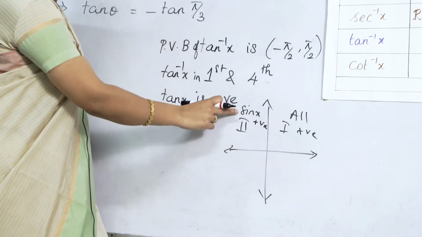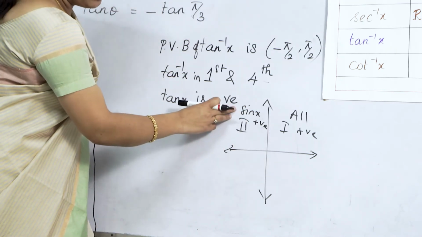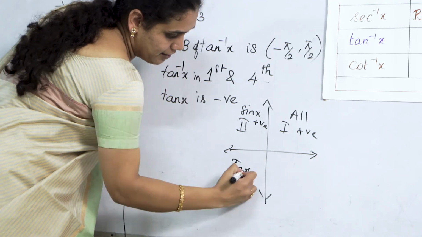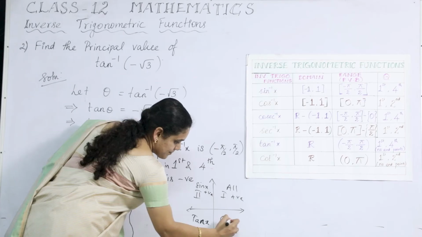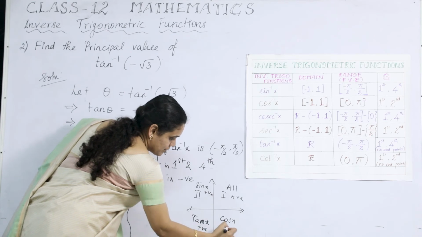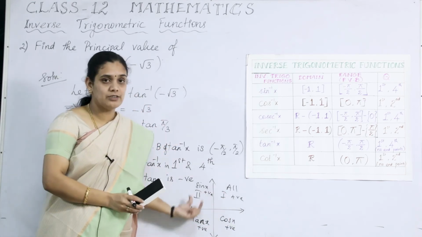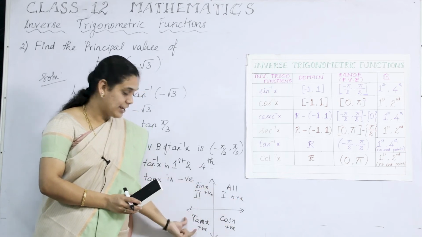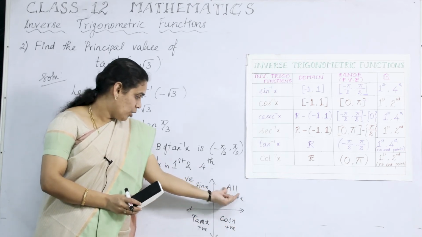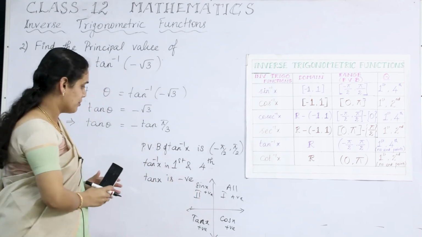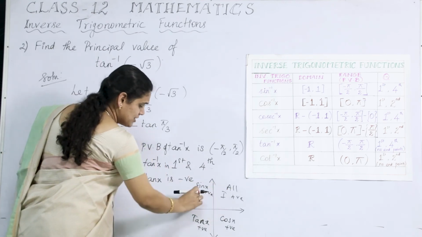Sine, if it takes positive, then cosine also obviously will be taking positive, and here tan and here cos, this will be positive. So many students use all silver teacups, or all students take commerce, or all add sugar to coffee. So in whichever way you want to remember, you can remember this. So here these are the positive.